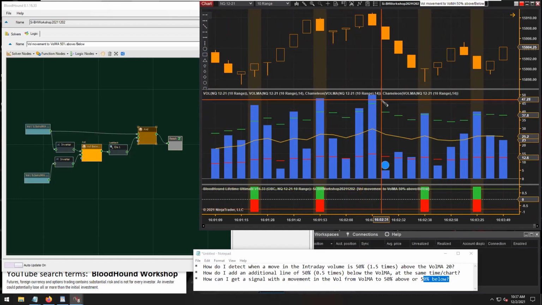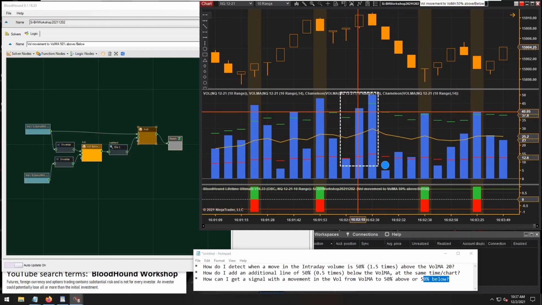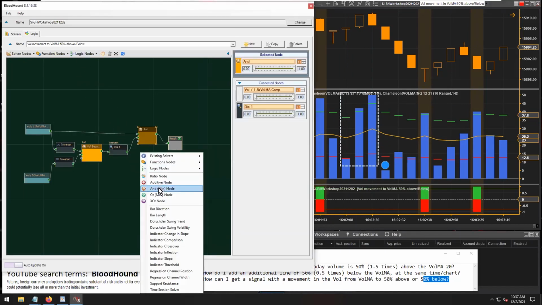So we did filter out basically this type of situation where the volume was below and then the volume spiked above our 50% increase or decrease. So we can see that we didn't get a signal in this situation here. So that's basically what we filtered out. All right, so we need another AND node here.